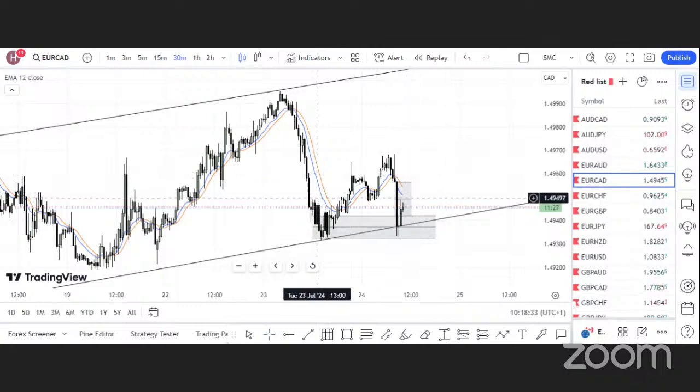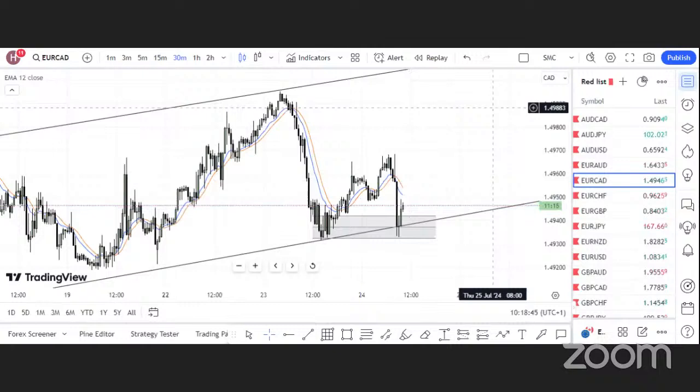So, still on Euro CAD, and as I've said earlier, I'm not going to be emphasizing much on fair value gaps. I'm going to be using the basic support and resistance instead. Right now we have a support zone. How do we know that this is a valid support area?